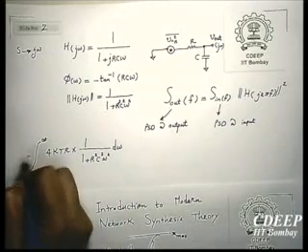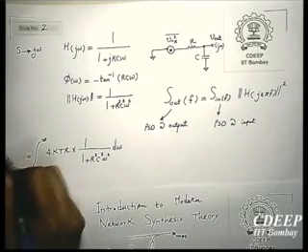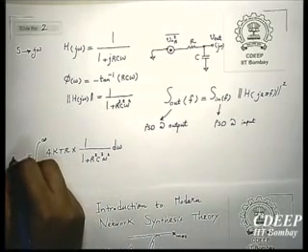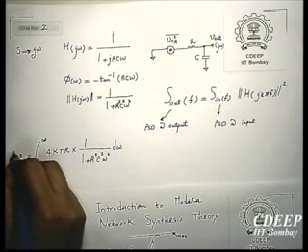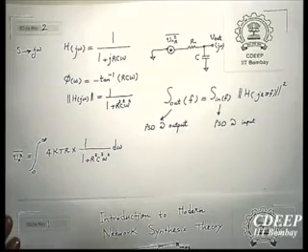Okay, so therefore this will give me, I am integrating for the whole range, therefore this will give me average value of square, right, which is in fact RMS square. So therefore how much noise I will get at the output? So we will calculate it.